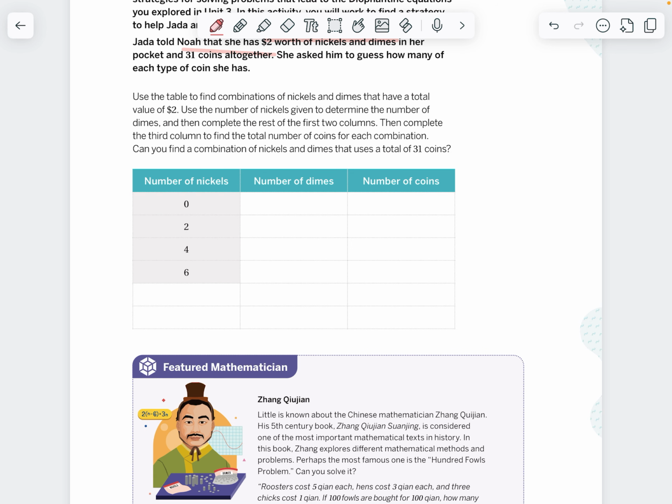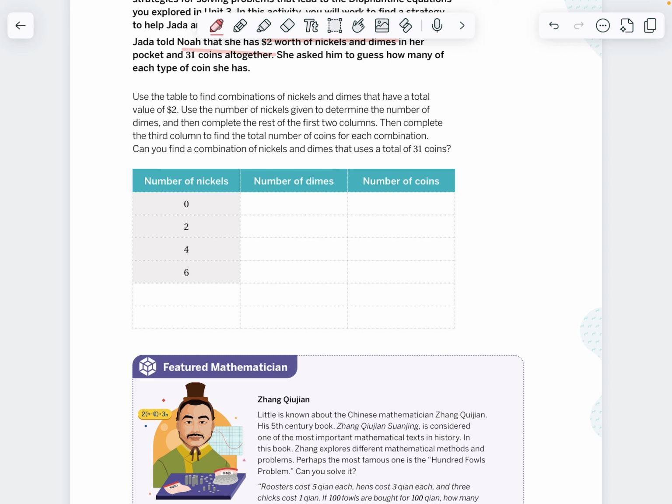You can work with anybody at your table group to figure out the number of nickels, dimes, and total coins in activity 1. Pause this and then come back. All right, so now you've gone through and you have to think about, okay, I've got to get 31 total. And this table might not get you there in every single line, but I know I have to have $2 as well.